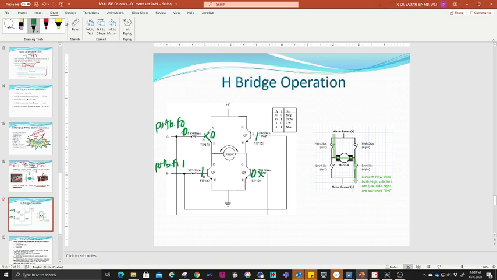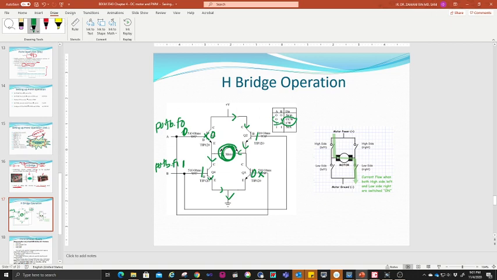So this is connected, so the current will go through this route and this route. So your motor will turn in the other direction. So if you have 01 or 10, you have the counterclockwise and clockwise direction. These are the two conditions that we just discussed.